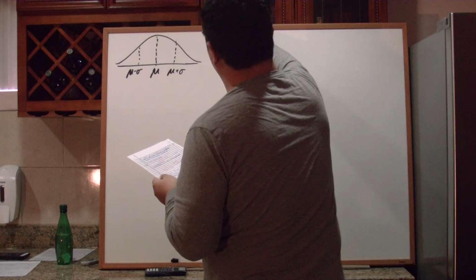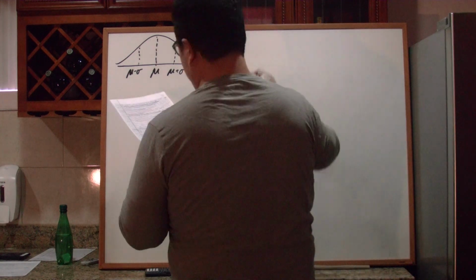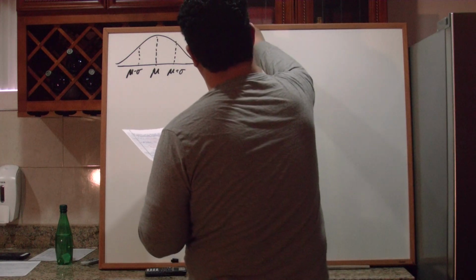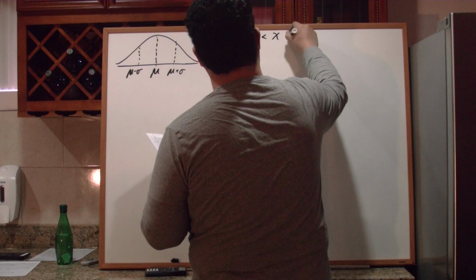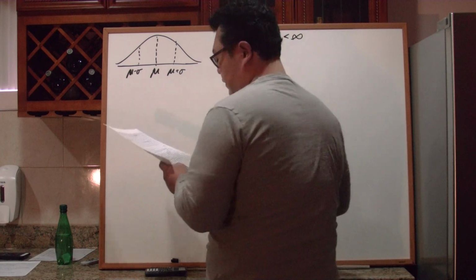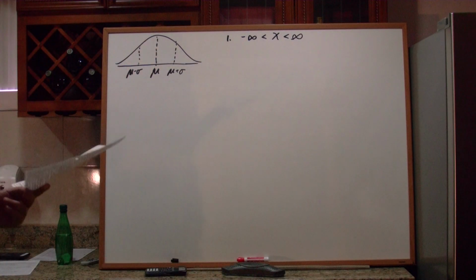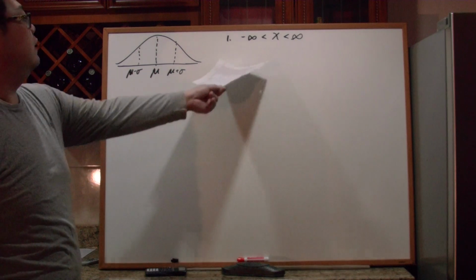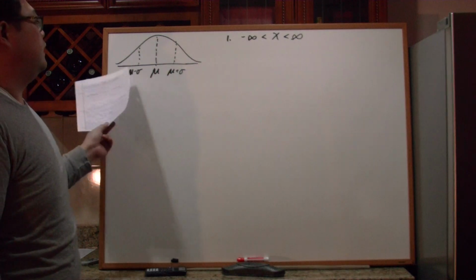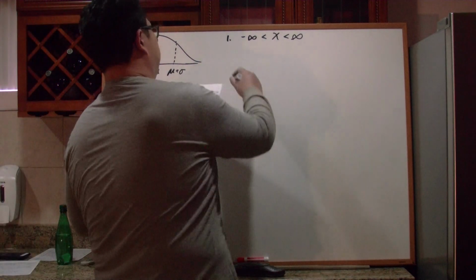So, some properties. The first one is that x takes values from negative infinity to positive infinity.